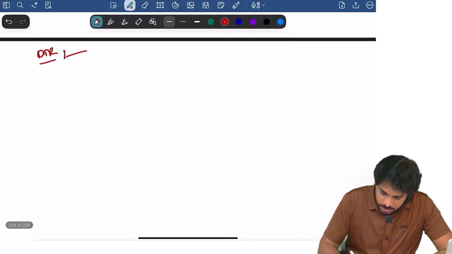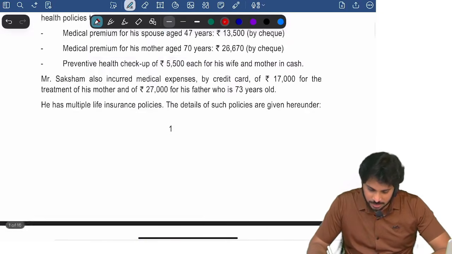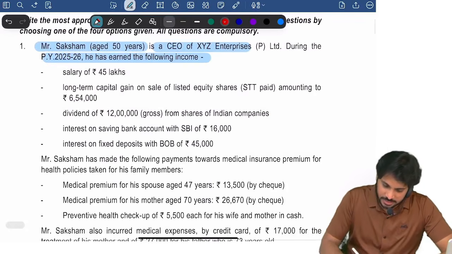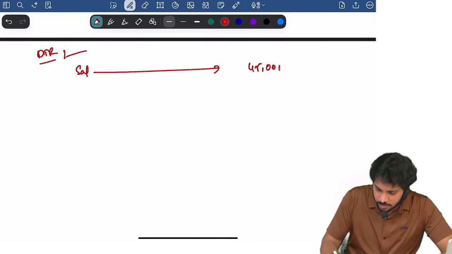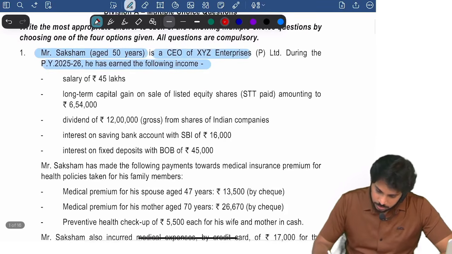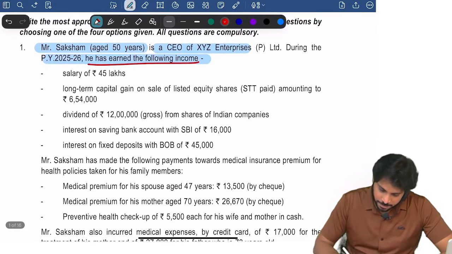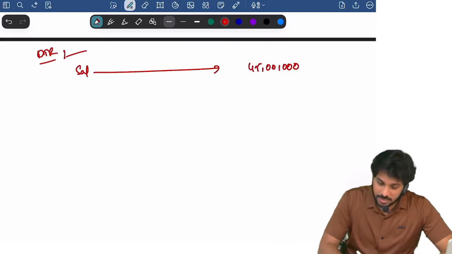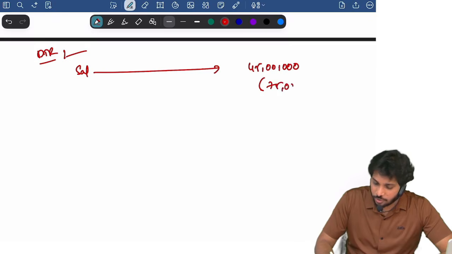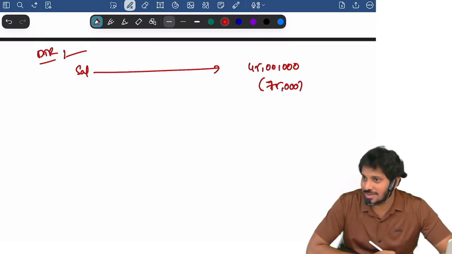Now tell me, what is his salary income under DTR? Salary 45 lakhs. Correct? During the year he earned the following 45 lakhs. They didn't say it is computed, therefore I will assume it is without computation. They didn't even mention income from salary.